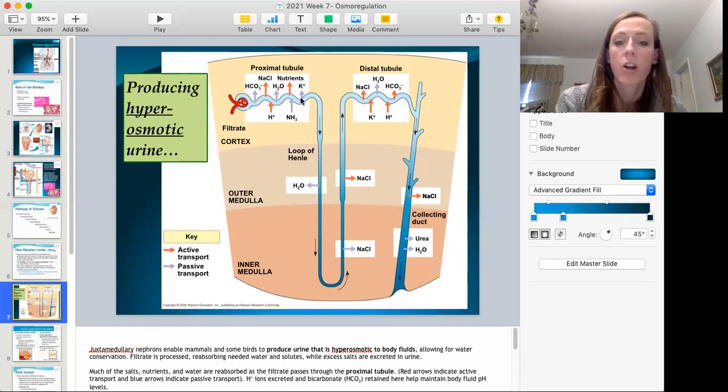These things are going to be automatically reabsorbed or excreted into the rest of the nephron. Okay. Now I'll mention that as we move into the loop of Henle, the descending limb of the loop of Henle has almost no channels for salts.